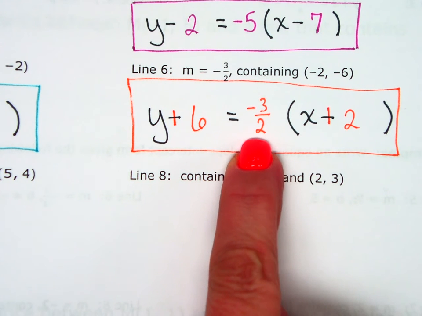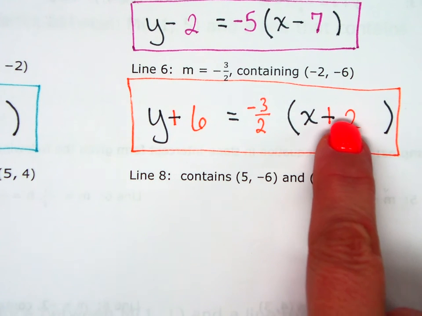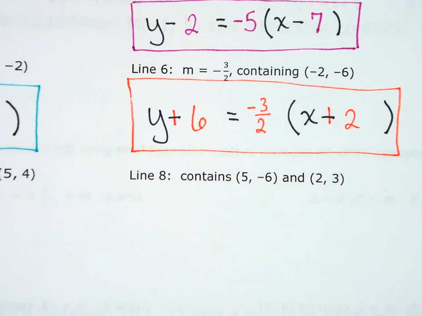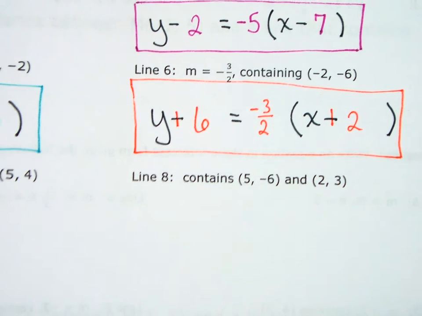This one has a slope of -3/2, and it passes through the opposite signs, -2, -6. That's why it's called the point slope, because you can look at it and you can still see what the point is it goes through and what its slope is. Same reason we call the slope-intercept form, because you can look at it and see the slope and the y-intercept, right?